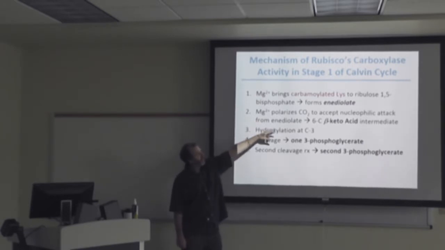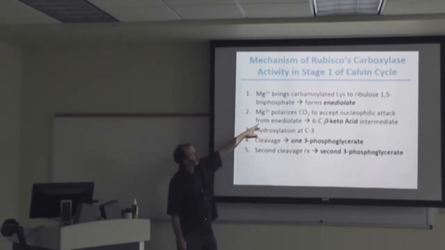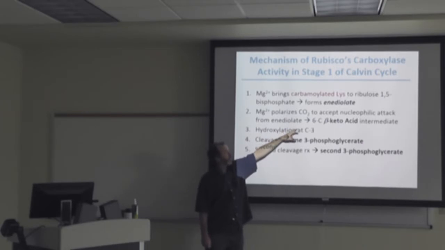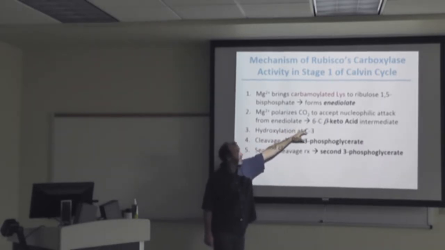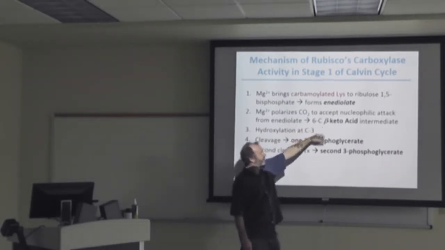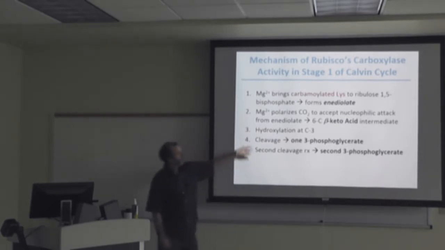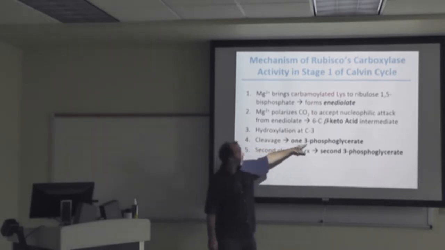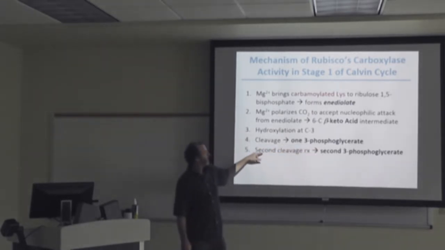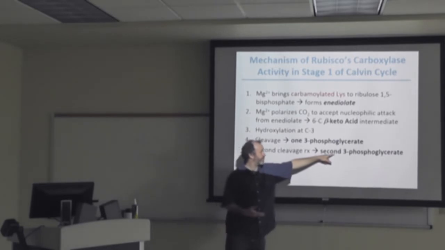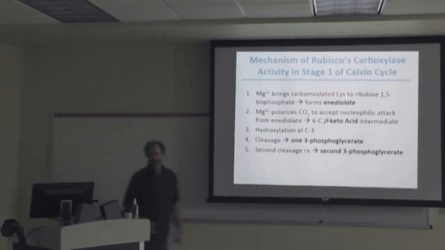Magnesium polarizes carbon dioxide to accept nucleophilic attack from the enediolate, and then you form this 6-carbon beta-keto acid intermediate. You get hydroxylation at carbon number 3, cleavage into a 3-phosphoglycerate. The second cleavage reaction forms the second 3-phosphoglycerate.